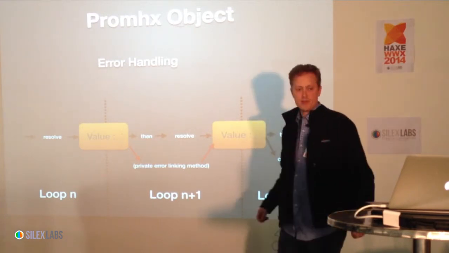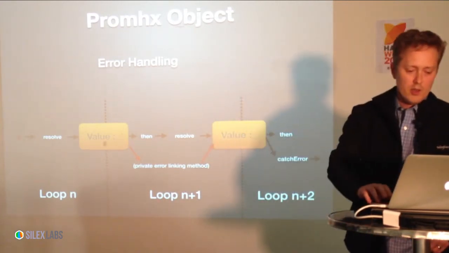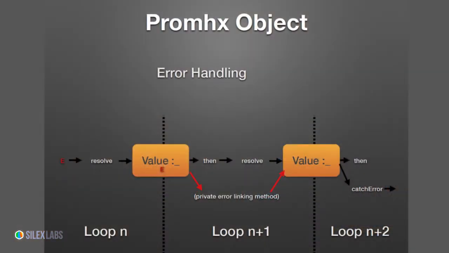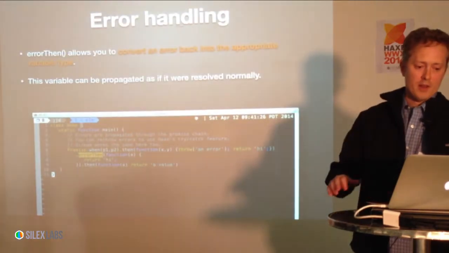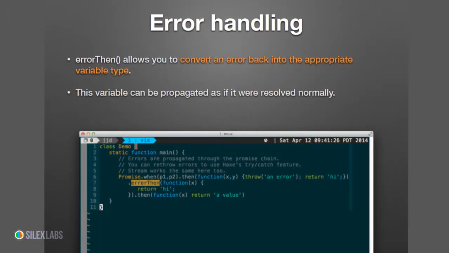When one instance receives an error, it's going to pass on that error to the next object. But this object has the catch error defined, so you'll be able to act on that error inside that method. Catch error is just sort of like the chained equivalent of a try catch. It's just going to halt the process.